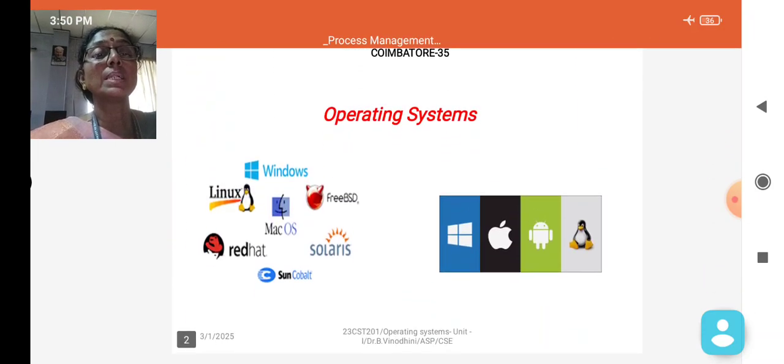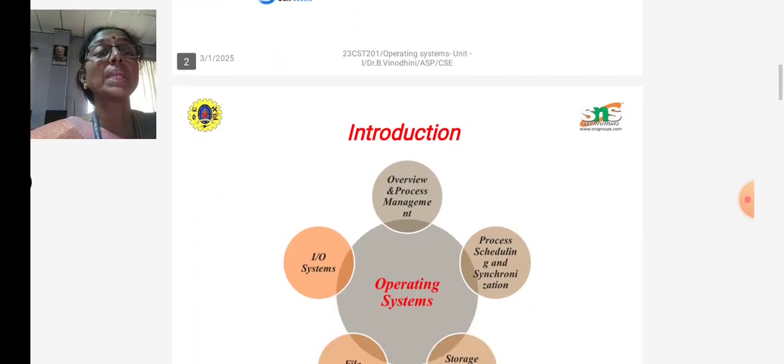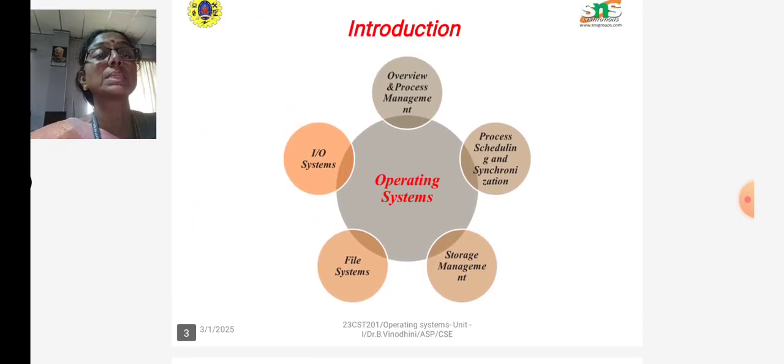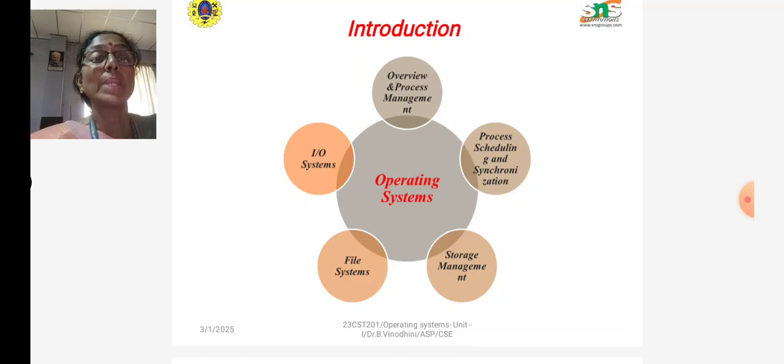Before that, we know what the main functions of an operating system are. It does process creation, process scheduling and process synchronization, and also input output operations management, storage management and memory management.